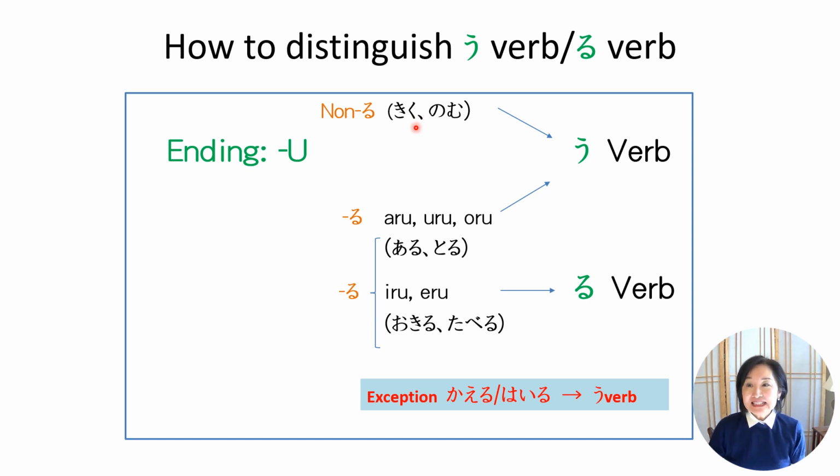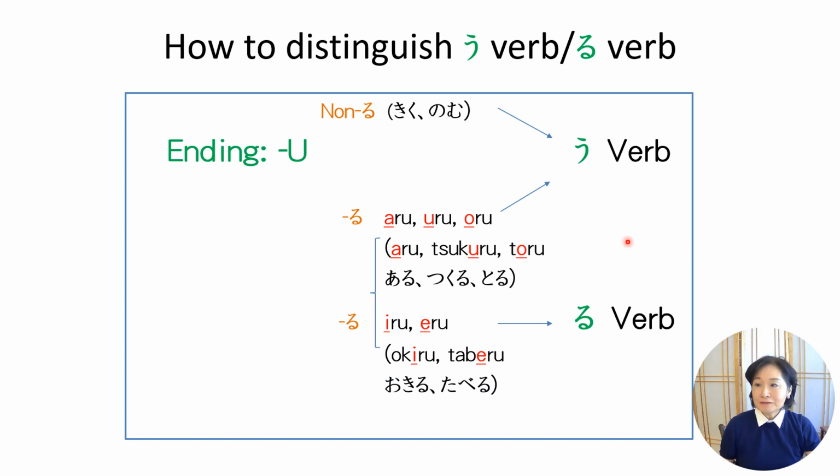The challenge arises with the verbs that do end in ru, such as ある and 起きる. Despite ending in ru, ある is a U verb, whereas 起きる is a Ru verb.